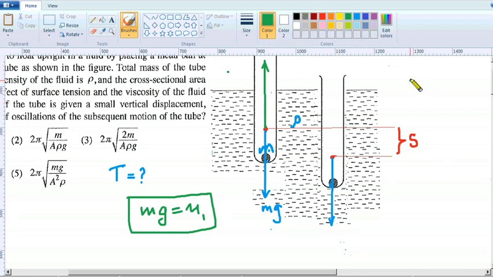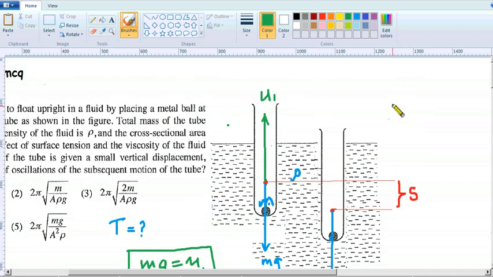You know the equation for upthrust. Do you know? The equation for upthrust is V rho g. What is V here? The volume of water that is being displaced by this object.